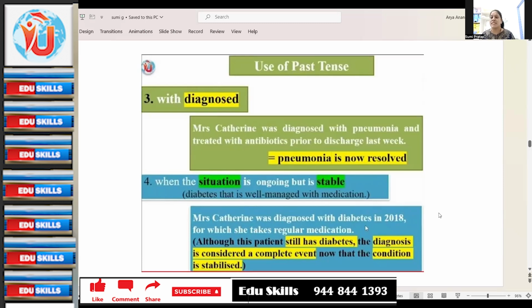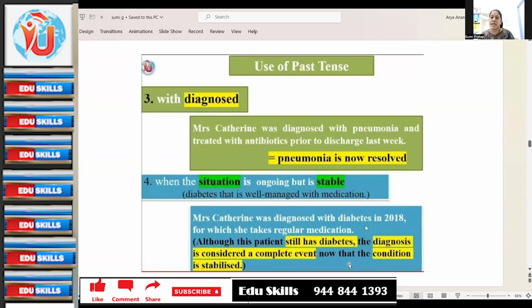She is managing, but the time phrase is already given here, in 2018. She was diagnosed, but still she is managing with regular medication. That we have to tell. Although this patient still has diabetes, the diagnosis is considered a complete event now that the condition is stabilized.